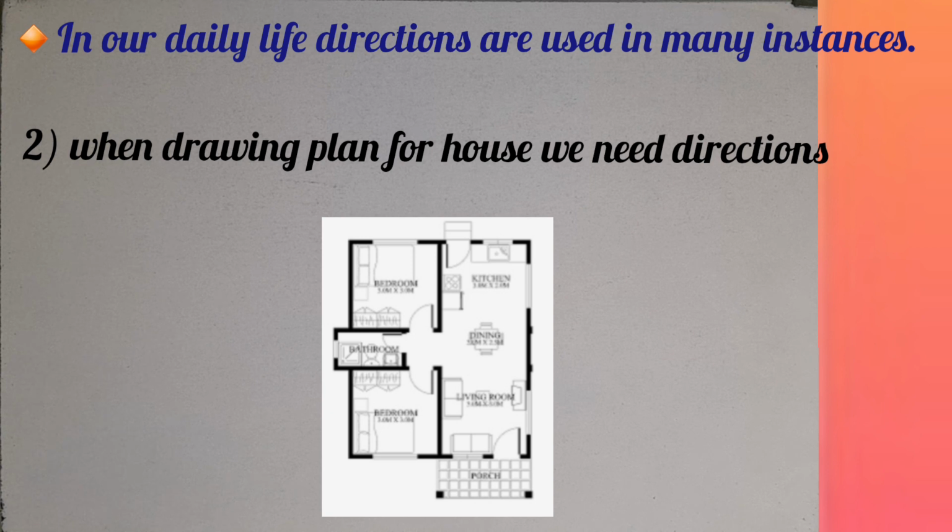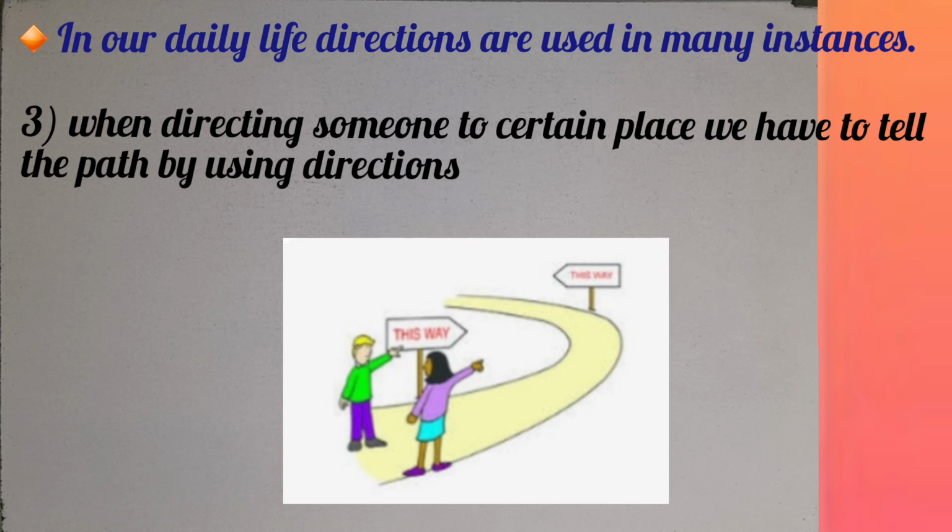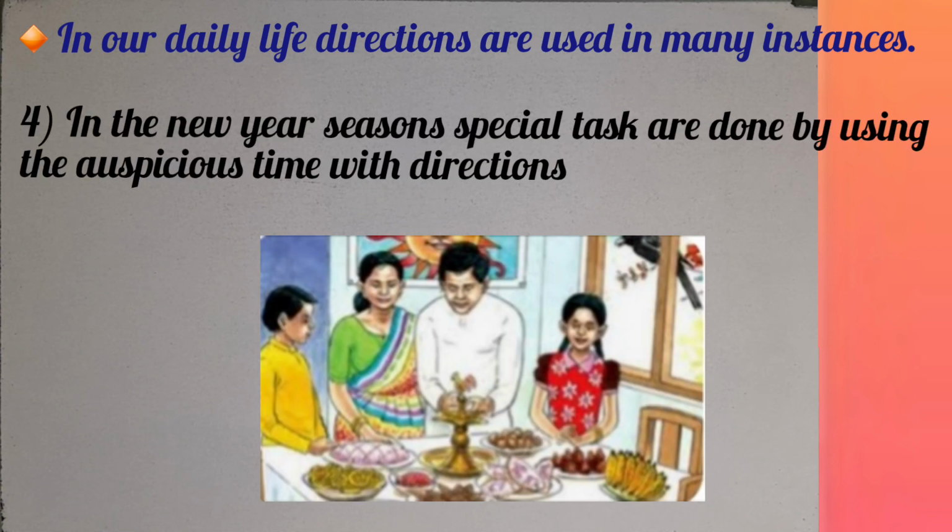For example, we have to know in which direction is the east to put the doors and windows in the correct positions. When directing someone to a certain place, we have to tell the path by using the directions. In the New Year seasons, we need to do special tasks at auspicious times with the directions. So these are the instances where we need directions.